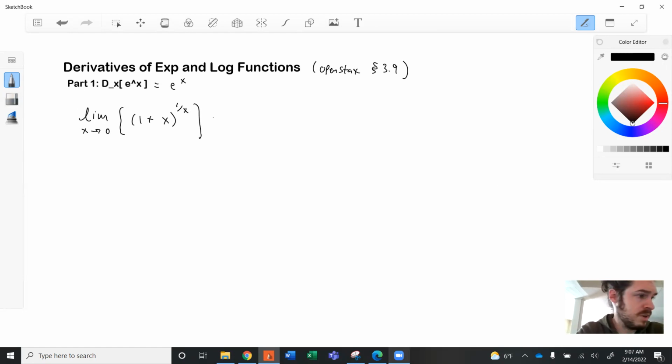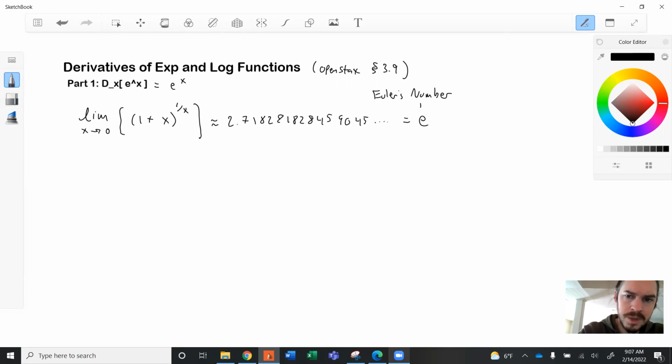And that limit turns out to equal, approximately, 2.718281828459045. You might recognize this number. This is the number e, Euler's number. It's the base of the function e to the x.